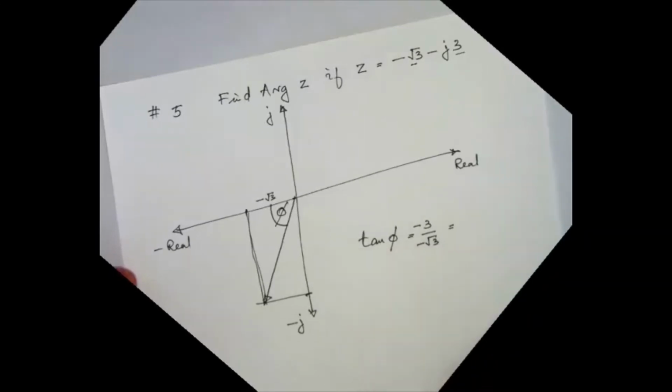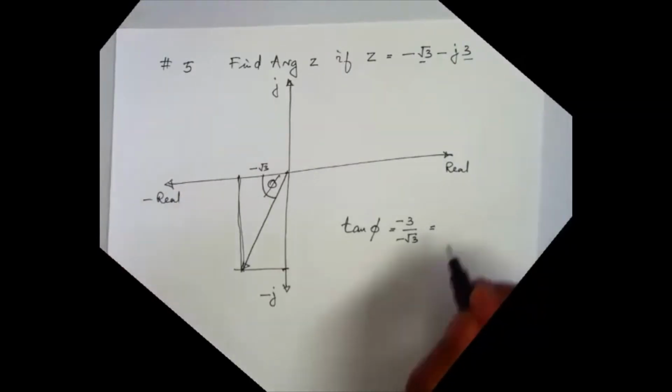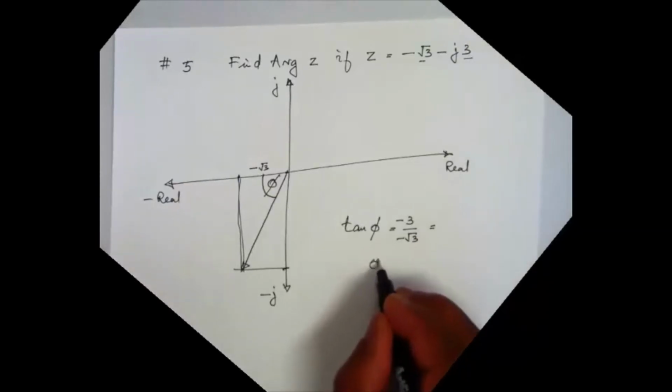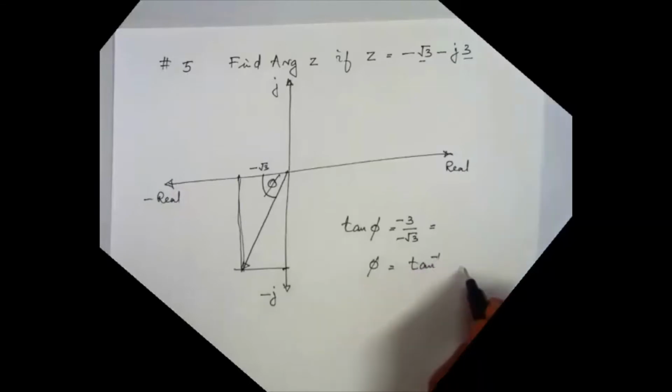So it will be again the same, just like in the earlier case. Phi will be tan inverse 3 over root 3, which is 60 degrees again.